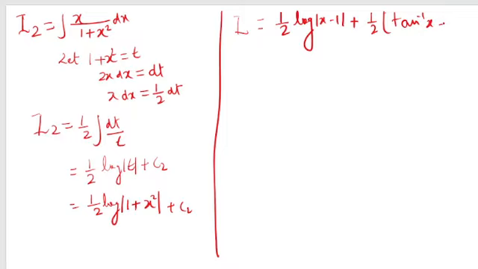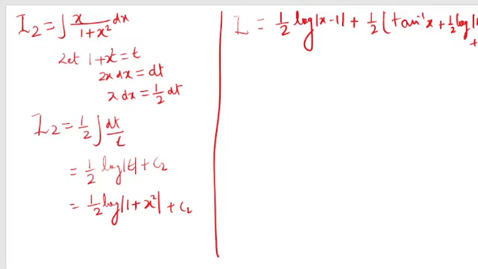Now I2 we got is 1 by 2 log of mod 1 plus x square plus c, correct? So this is the answer. Here we can multiply this 1 by 2 with this, or we can leave our answer like this also.